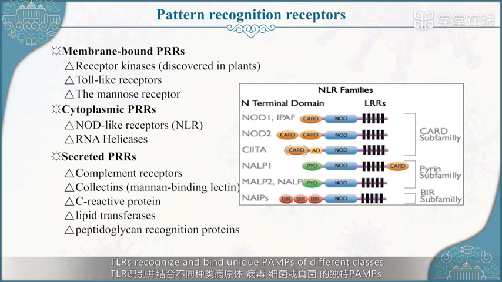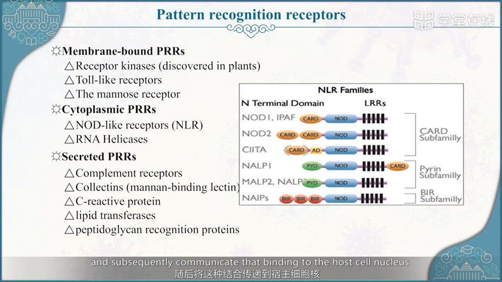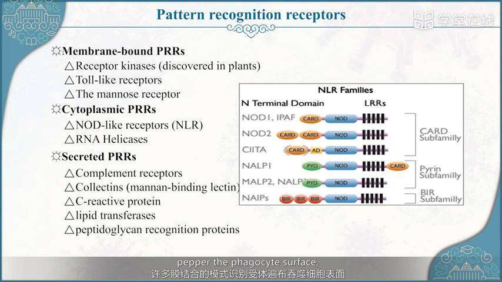TLRs recognize and bind unique PMPs of different classes of pathogens, and subsequently communicate that binding to the host cell nucleus to initiate protective gene expression and host response. A number of membrane-bound pattern recognition receptors pepper the phagocyte's surface, so as to readily engage their ligands when the phagocyte explores its environment.